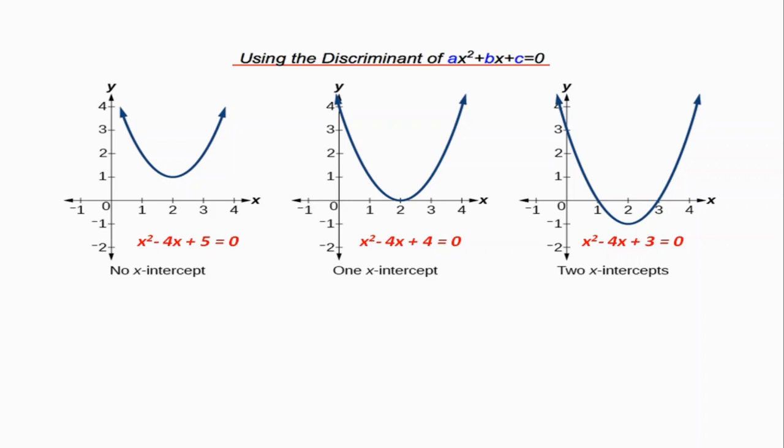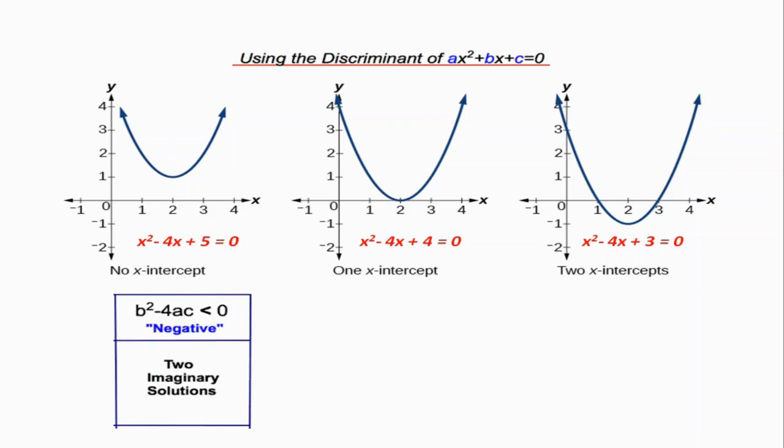The second curve is 1 below, touching the axis, so in place of 5 it becomes 4. And the third curve is again decreasing, again 1 below, crossing the axis. So these are the three conditions here, and we can see the conditions.